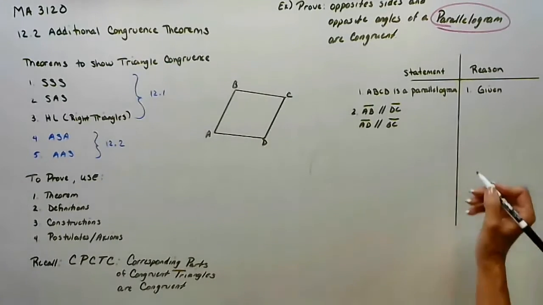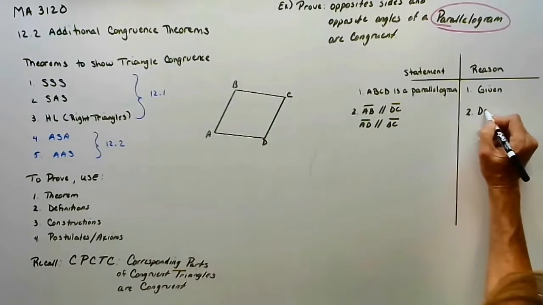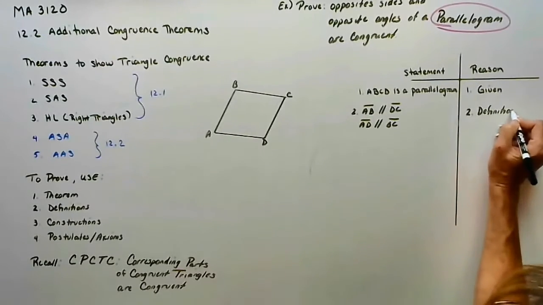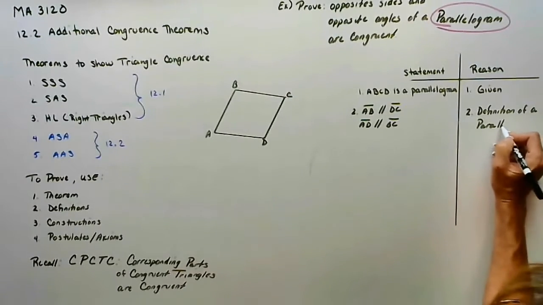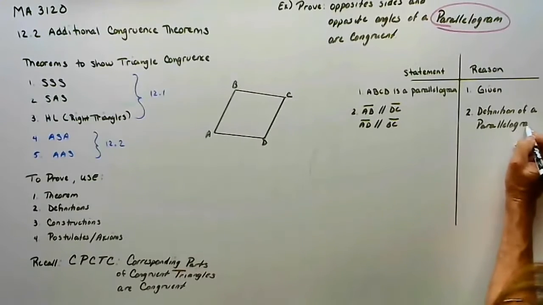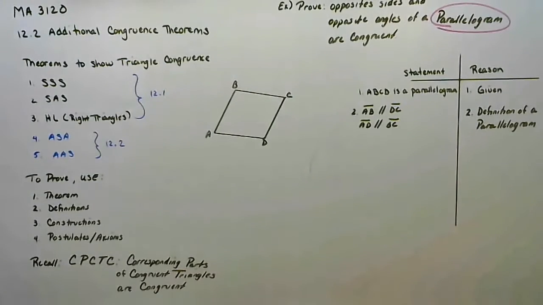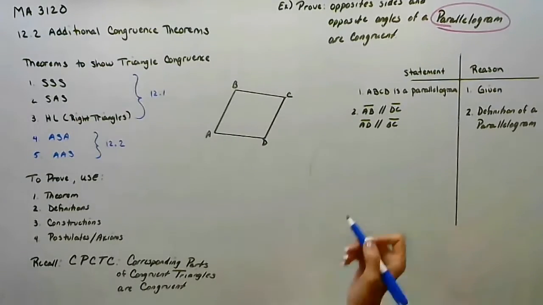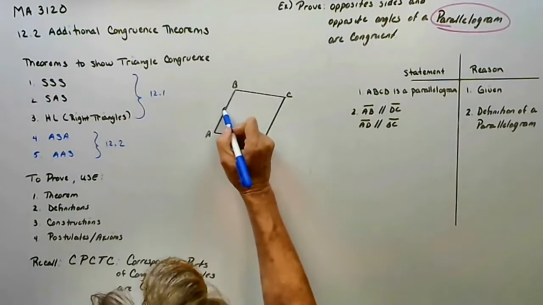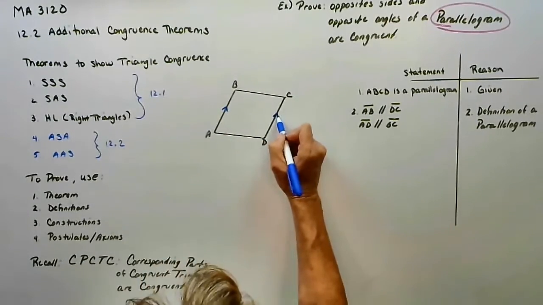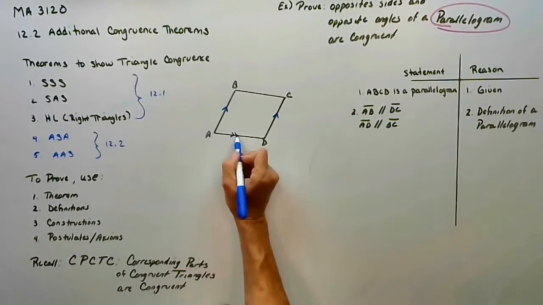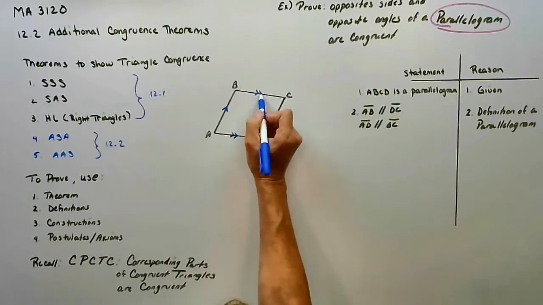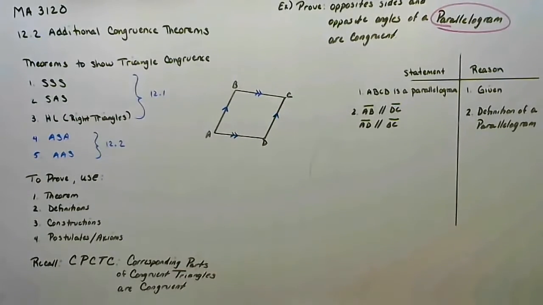So I can say, all right, I know that's true by definition of a parallelogram. So now that I know it's true, I'm going to go ahead and put my parallel line marks. So I now know AB and DC are parallel, and I also know side AD is parallel to BC by definition of a parallelogram.